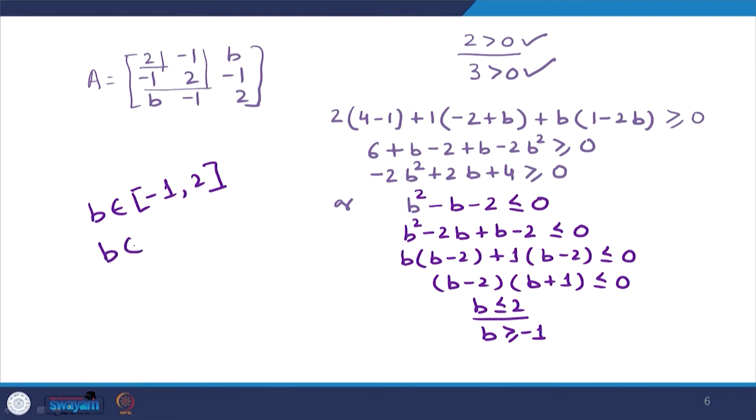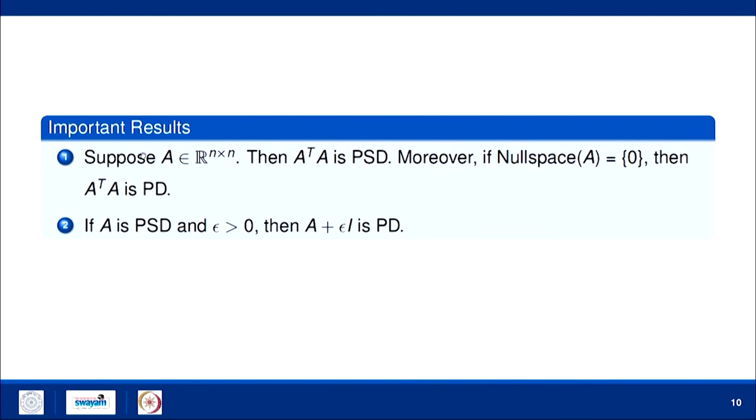If you exclude these boundaries, minus 1 and 2, then it becomes strictly positive and the matrix becomes positive definite.